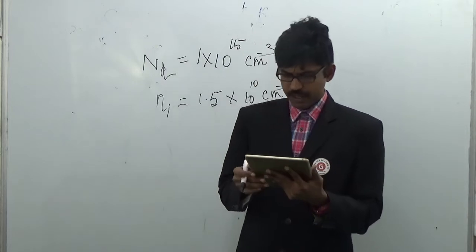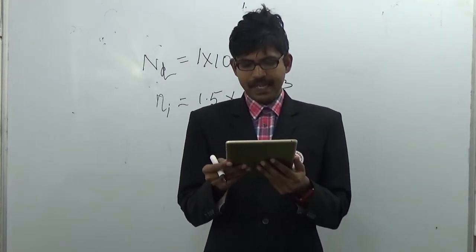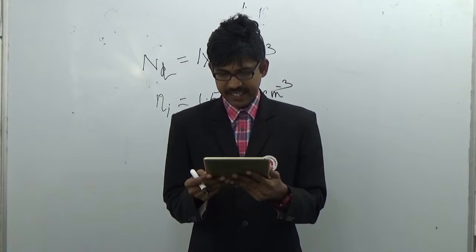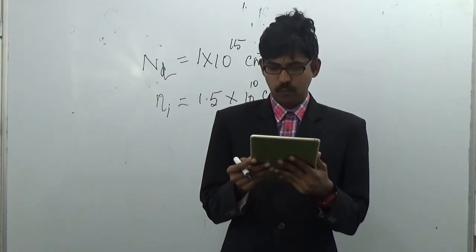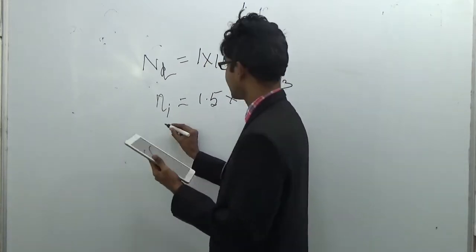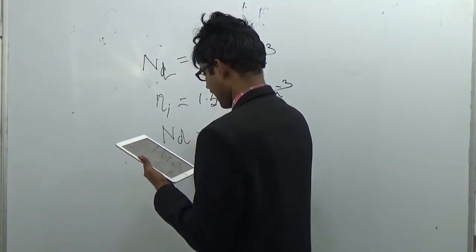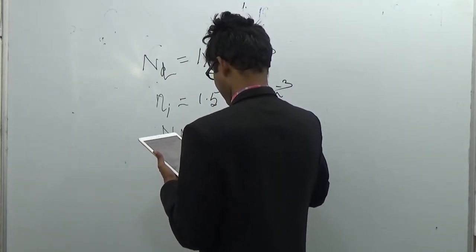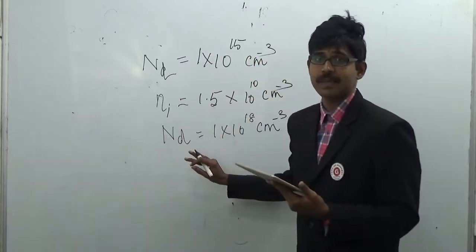Now, if the sample is additionally doped with Na, 1 into 10 to the power 18 per centimeter cube. So Na is given as 1 into 10 to the power 18 per centimeter cube, which is acceptor atoms.